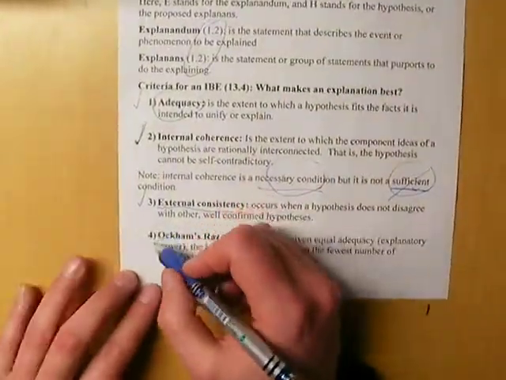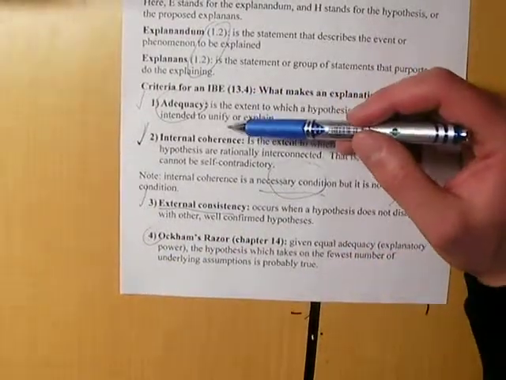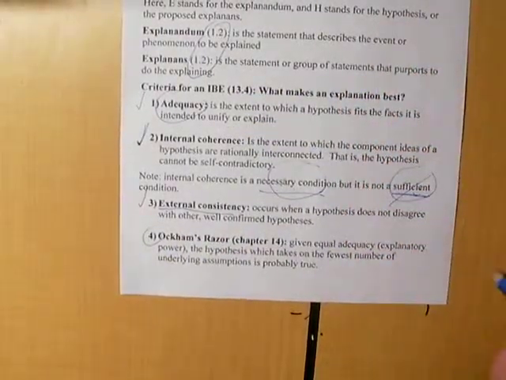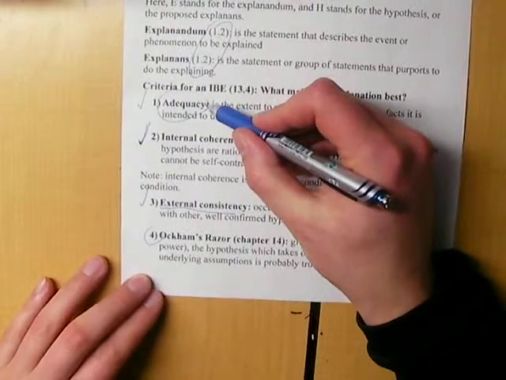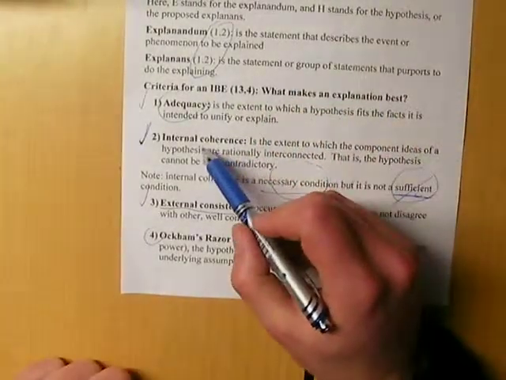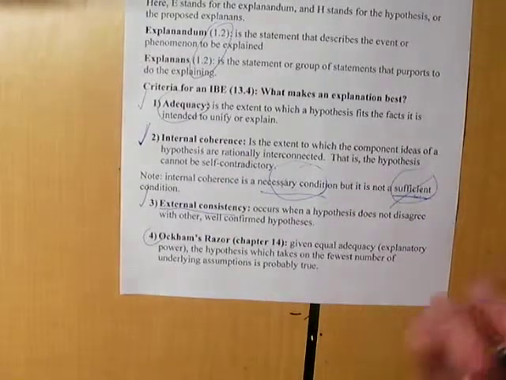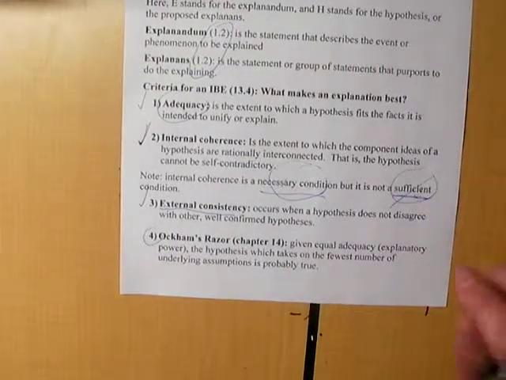And we might have to get all the way down to number 4. It could be the case that we have two hypotheses that have explanatory power. They can both perfectly well explain E. It could be the case that neither is self-contradictory. So at this point, we'd have a tie. We've got H1, we've got H2. Both adequately explain E. Neither is internally inconsistent.